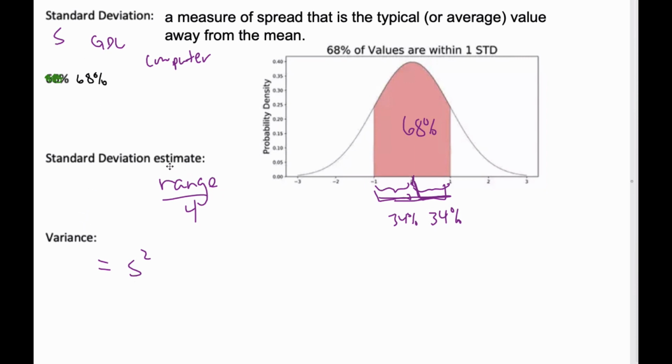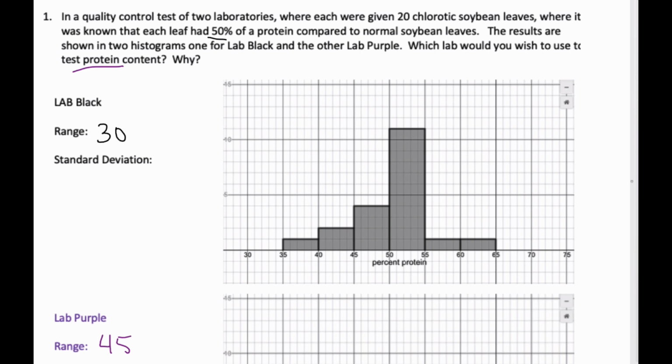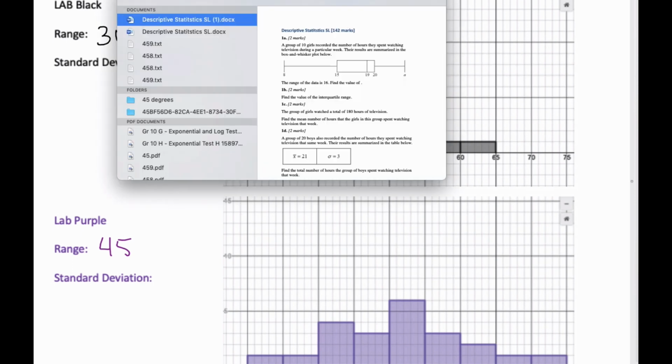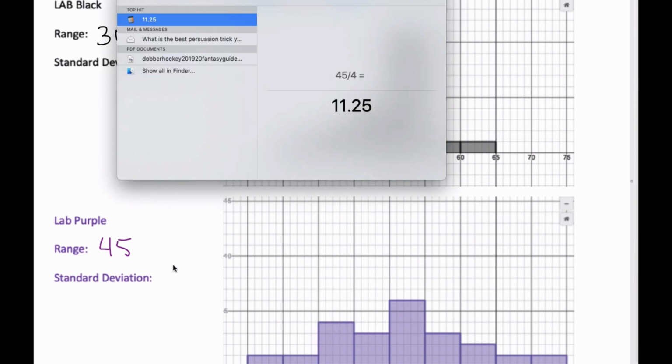But let's go back. If this is our estimate for the standard deviation, we could get a pretty good sense of the standard deviations here. If I take 30 and divide it by 4, I get 7.5 as my estimate for the standard deviation here. And for the purple graph, 45 is my range, so if I divide it by 4, I get 11.25.